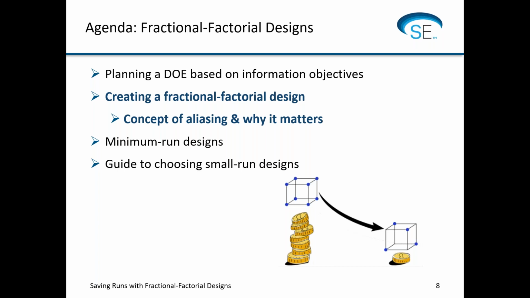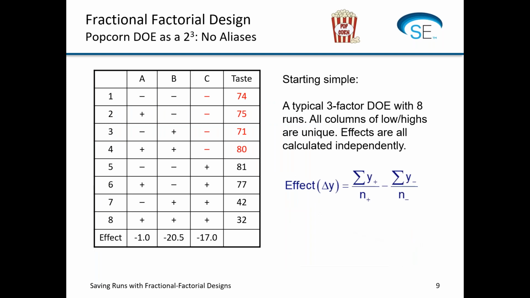Okay, so let's go into creating a fractional factorial design. We're going to start with a very, very simple design. This is a typical 3-factor DOE, and I see people using these all the time, so it's probably something that's fairly familiar to you.